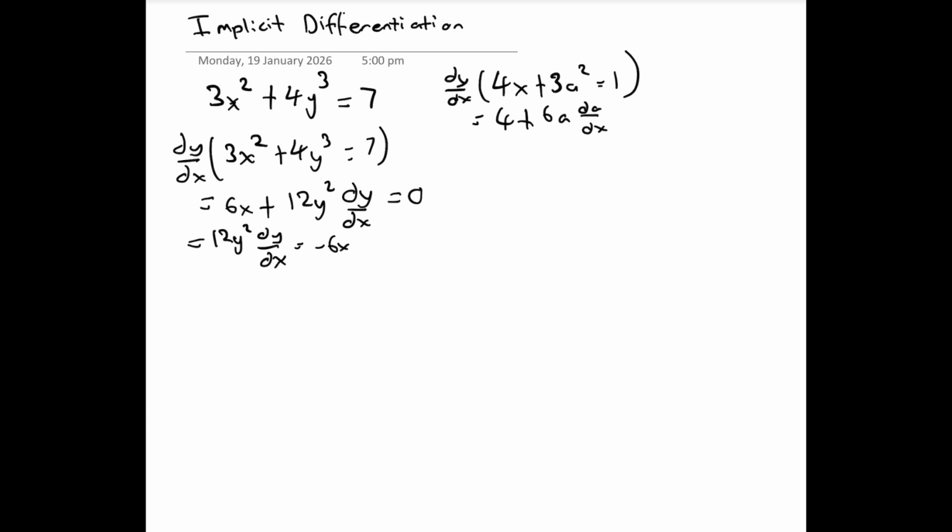So dy/dx equals negative 6x over 12y squared.